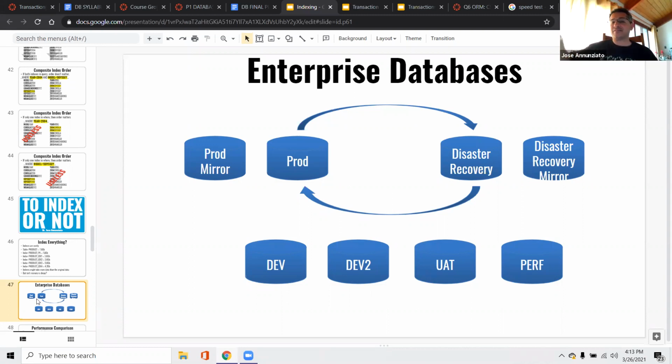You probably also have multiple copies in your development environment, where developers might have a copy of the database, probably with obfuscated data, no credit card numbers, no real social security numbers, no real names, so that developers can work and implement applications. They might have multiple development environments, each one with its own indexing and whatnot.